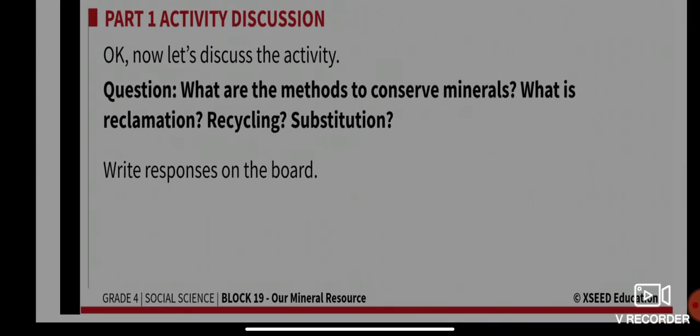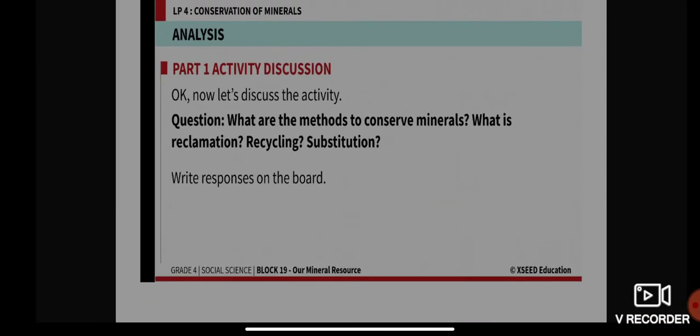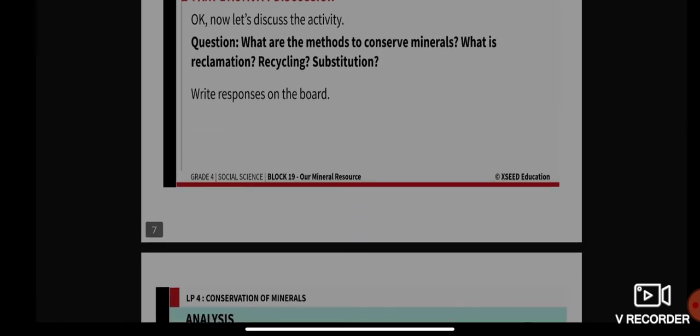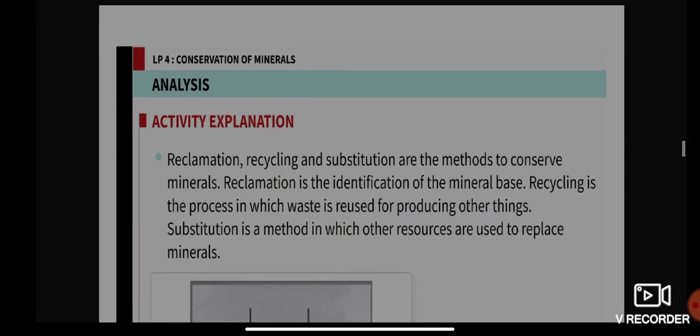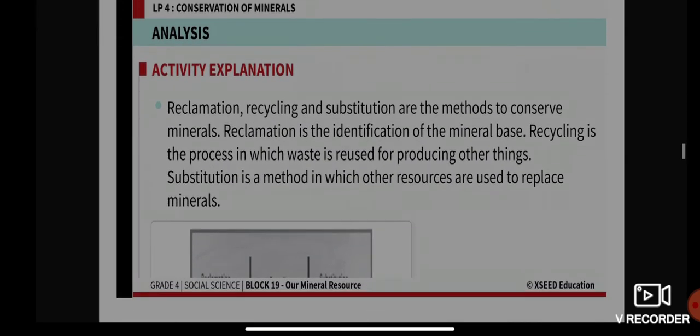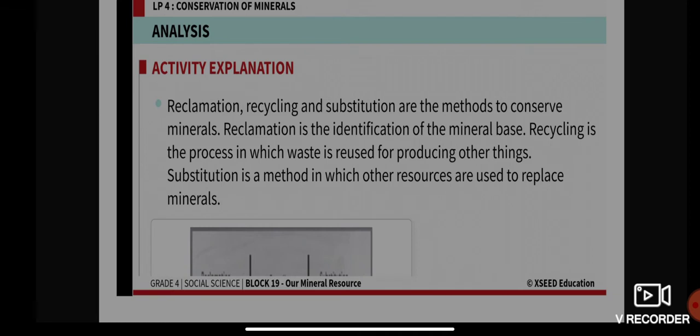Now, what are the methods to conserve minerals? Reclamation, recycling, and substitution. That is what we have learned from our reading. Reclamation is the identification of the mineral base where it is located.